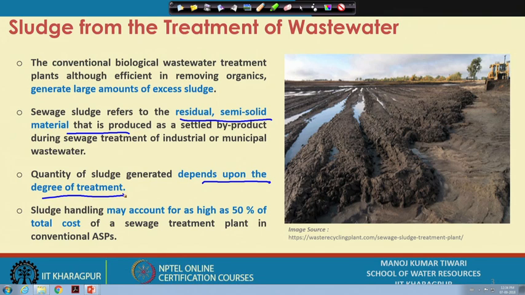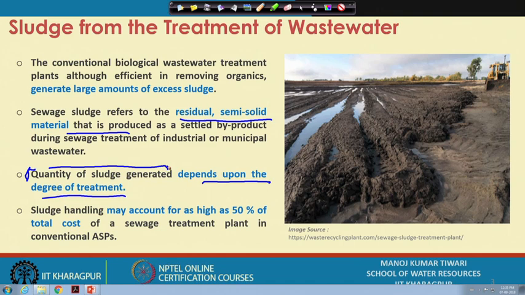In the week before, we were talking about aerobic secondary treatment processes, where almost half of the organic matter consumed converts to biosolids, whereas the previous week, when we were discussing anaerobic treatment processes, barely less than 5% of the organic matter consumed converts to solids. So, the quantity of sludge generated eventually depends on the type of treatment system being used, and also on the degree of treatment provided.